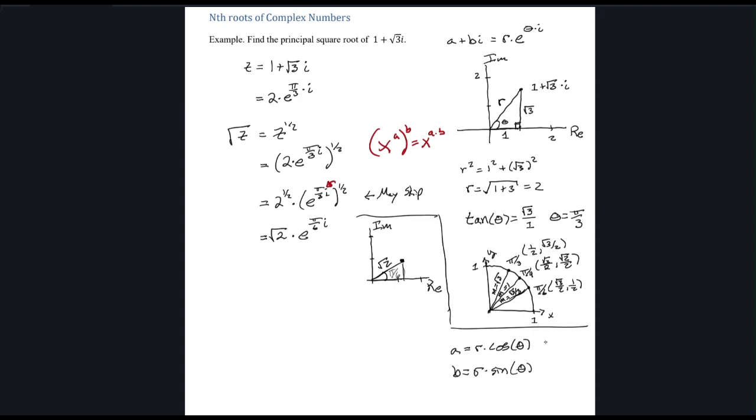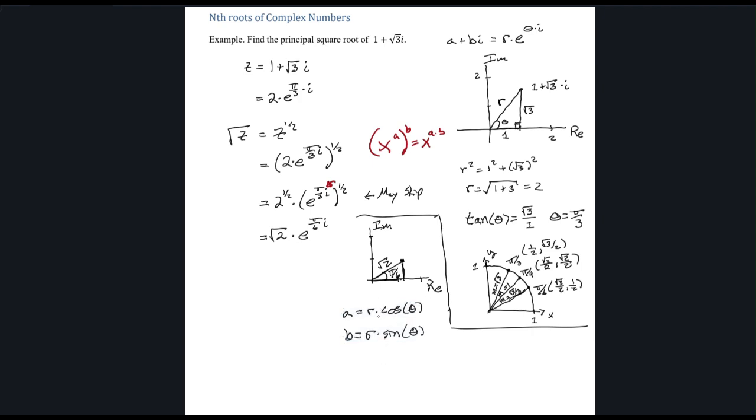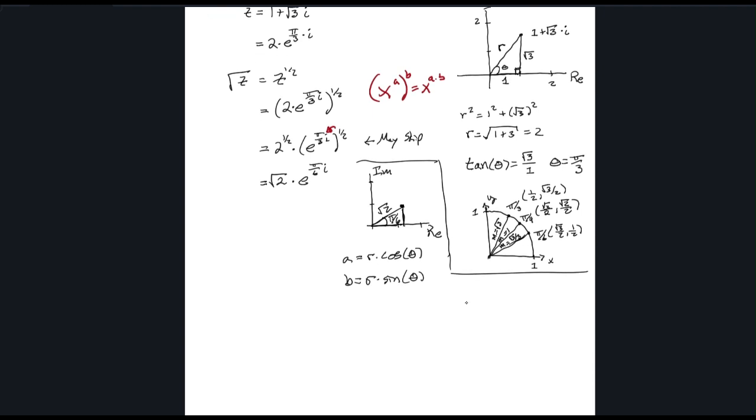So the a value is going to be the radius times the cosine of the angle, and the b value is r times the sine of the angle. And this just comes from those basic definitions. Cosine of theta equals x over r, or adjacent over hypotenuse. Sine of theta equals y over r, or opposite over hypotenuse.